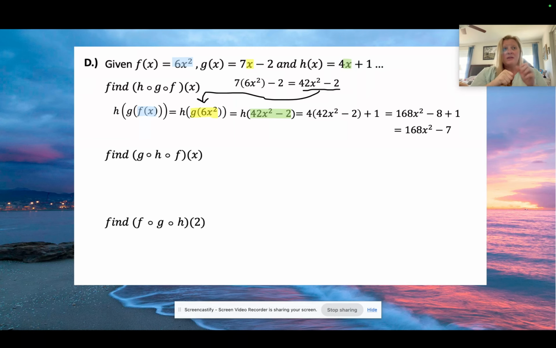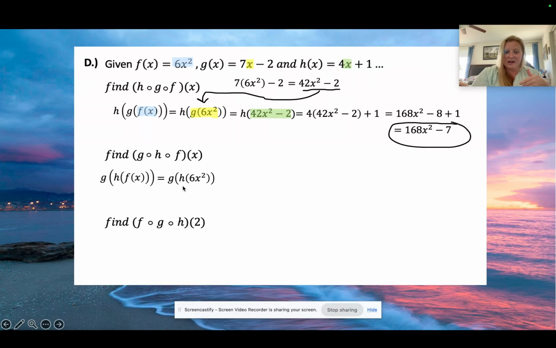So replacing and then plugging in, and then replacing and then plugging in is kind of the game we're playing here. Let's try it again, but let's switch the letters up. Let's put the g out front, and then the h, and then the f. The first thing I'm going to do is replace f of x with the f of x formula. You see how I lost that f, and now I just have 2 letters.